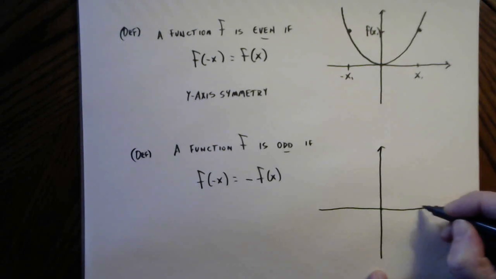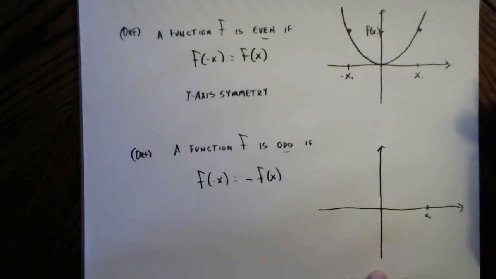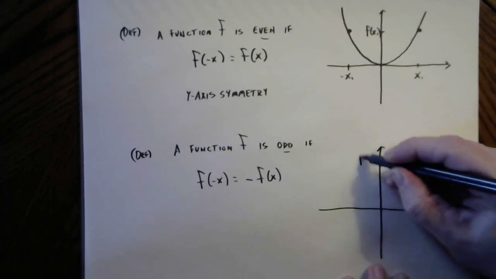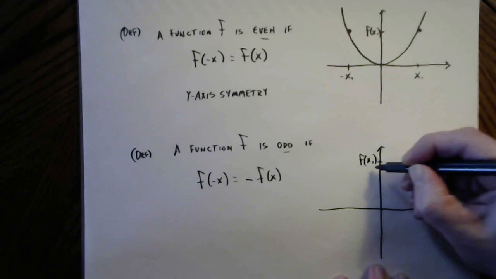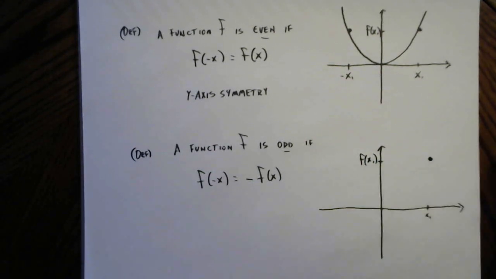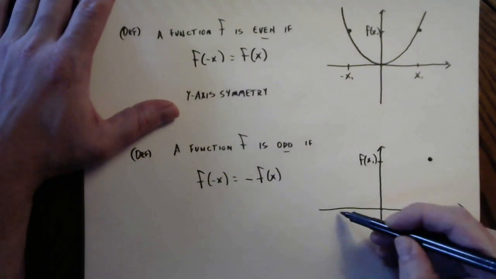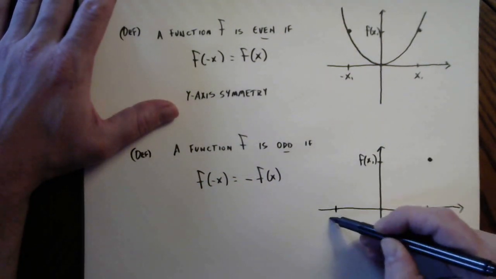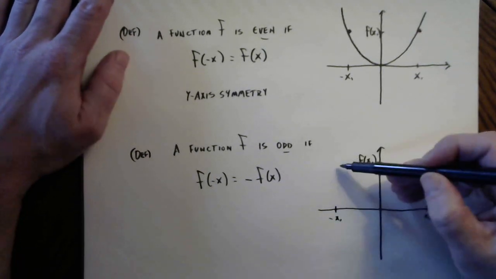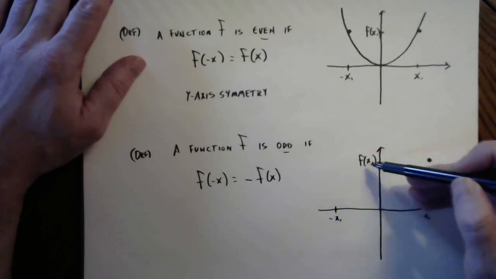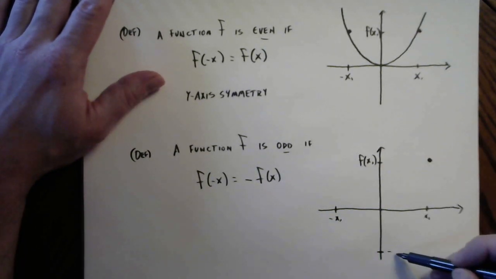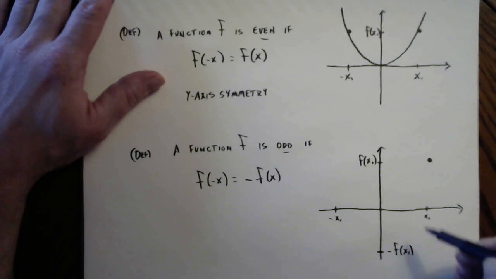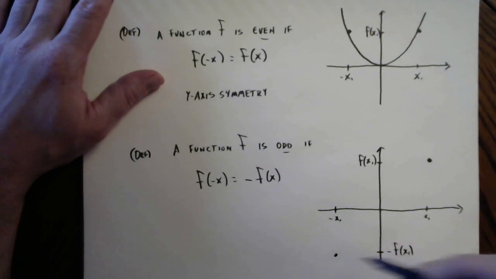Again, I'll pick some x, call it x1. Again, I'll just make it kind of like the one above it. So that point is here. Well, now what I'm going to say is the mirror image of this x value over here is not up here. It's negative f of x1. So that would be here.